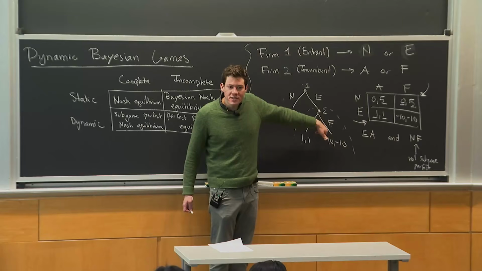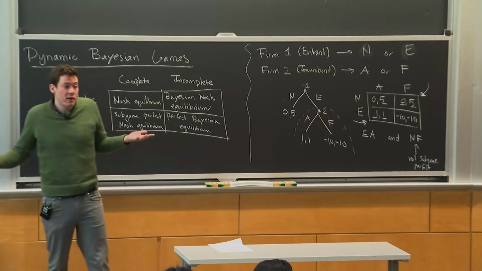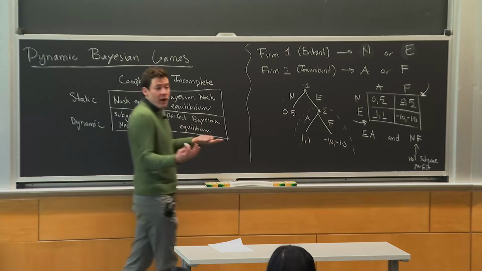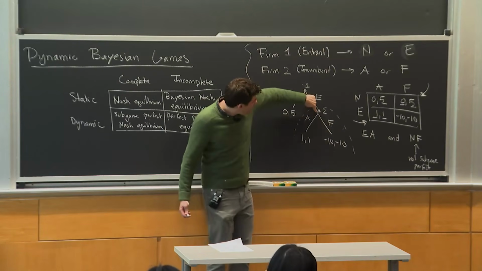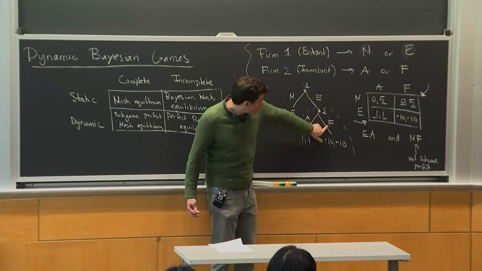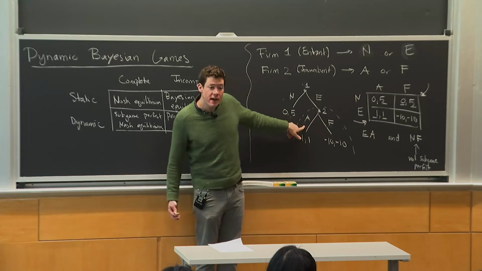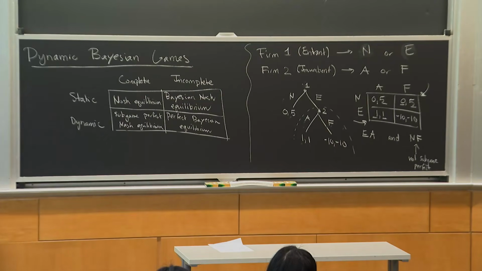Now, it may be weird to think of this as a subgame because there's only one player moving. But remember, we can have a game with a single player. And an equilibrium of a single-player game just means that player is behaving optimally, right? So here, F is not a Nash equilibrium of this subgame because F is strictly worse for player 2 than A. So this doesn't satisfy our definition of subgame perfect Nash equilibrium.